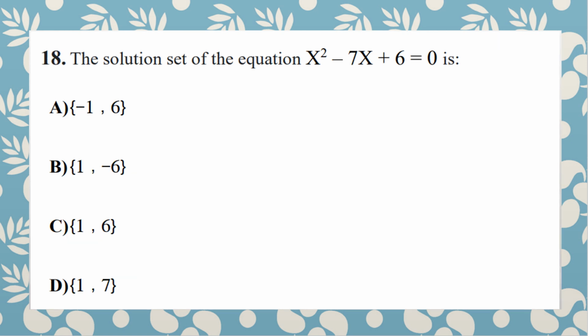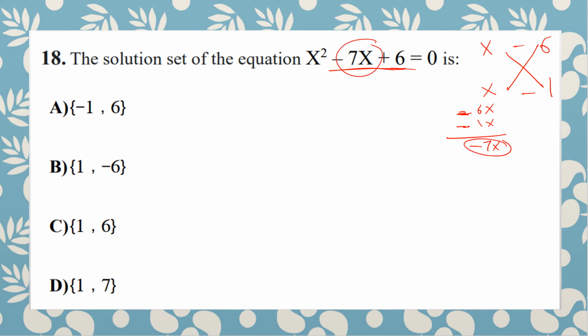The solution set of the equation x squared minus 7x plus 6 equals 0. We can solve this equation using the factoring method, so x and x, and for 6 it's 6 times 1. We give a negative sign to 6 and to 1, so negative 6 times negative 1 equals plus 6, and negative 6x and negative 1x equals negative 7x, which is the inner side of the quadratic equation.